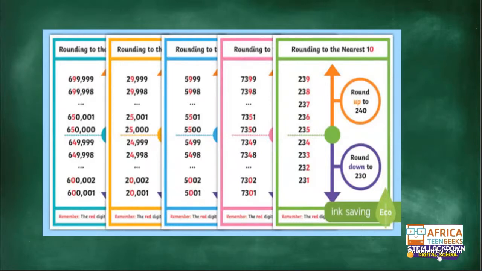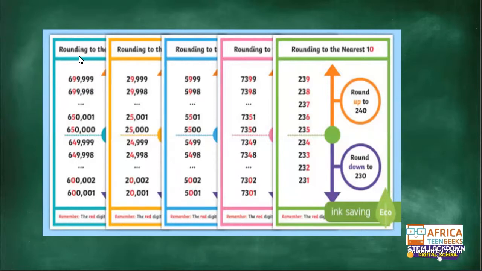And any number from 24,999 right down to 20,001, those numbers will be rounded down to 20,000 because you are rounding off to the nearest 10,000. So from 25,000 up, it will be 30,000. From 24,999 down to 20,001, it will be 20,000.